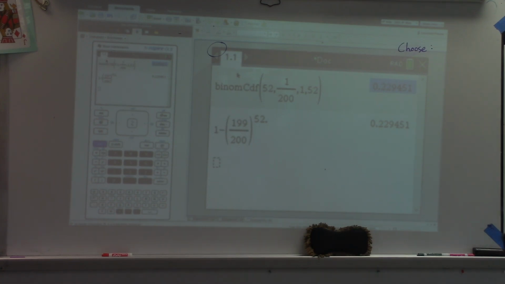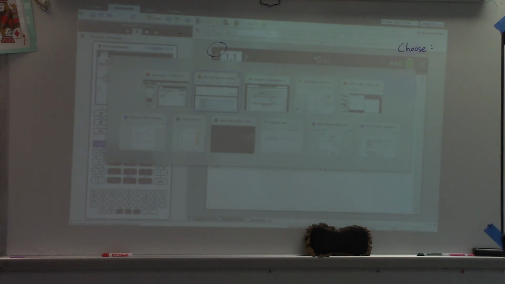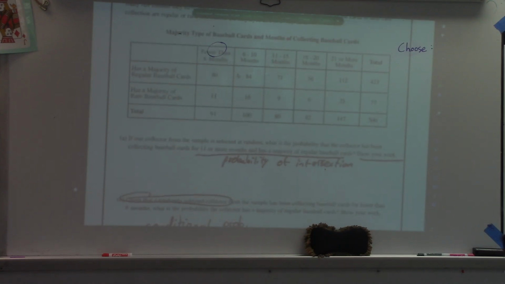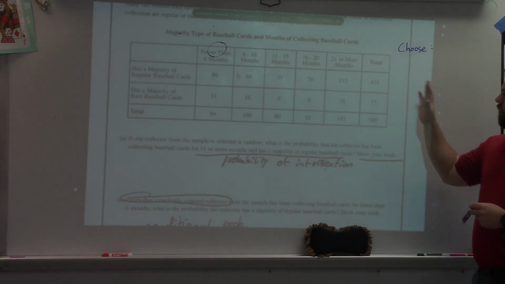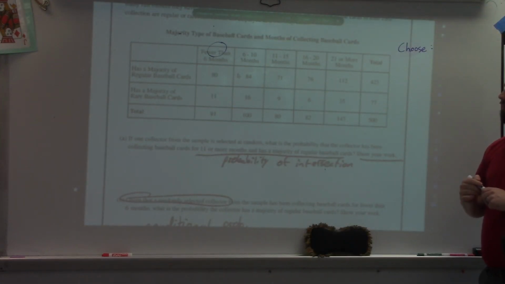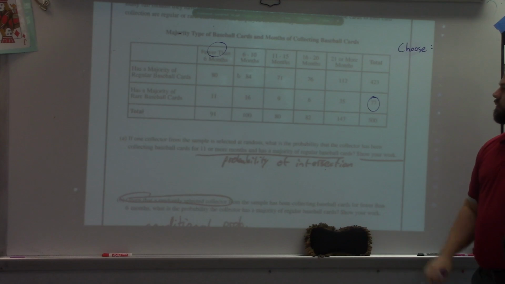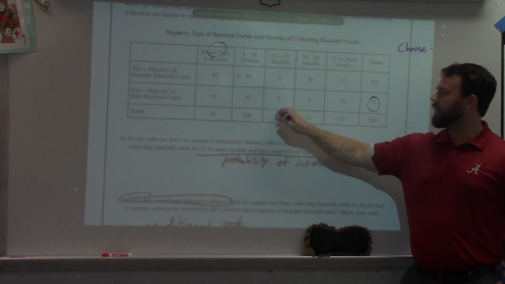And then you already talked about the expected value. Now, remember, the calculator can give you the expected value, right? But what could we quickly do to find our expected value? Row total times column total over total. So which one am I gonna look at? Because I'm not gonna do all of them. The 77, and the 80.